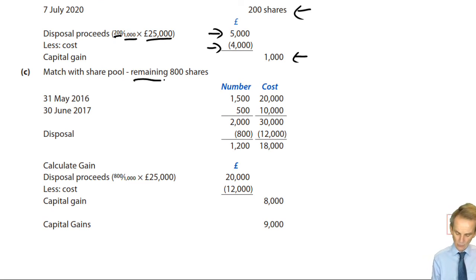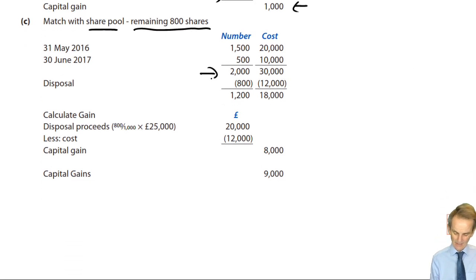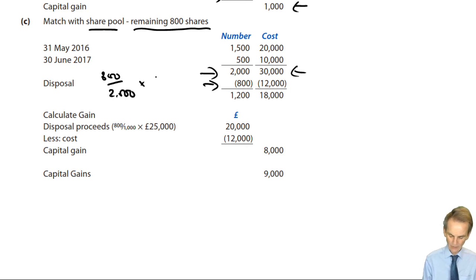We now match the remaining 800 shares with the share pool. As we've just seen, listing out the two acquisitions, total shares acquired in the pool at the date of disposal, 2,000, with a total cost of £30,000, of which 800 shares are now being disposed of. And if we take 800 over 2,000 times £30,000, that will equal our allowable cost, which should be £12,000.